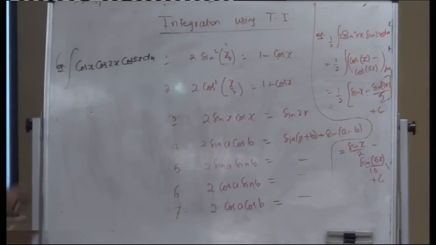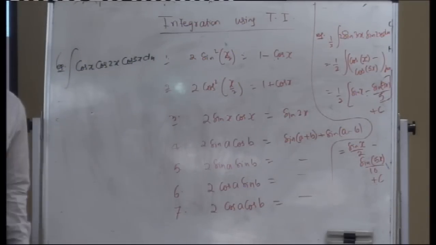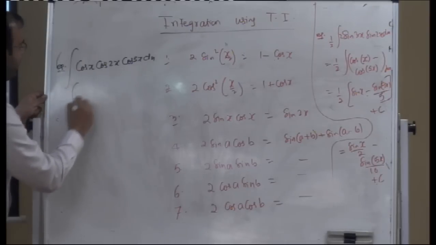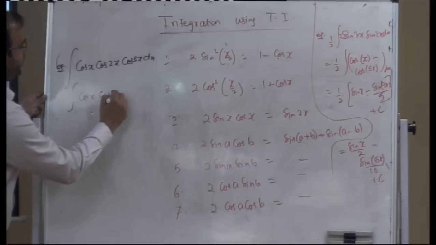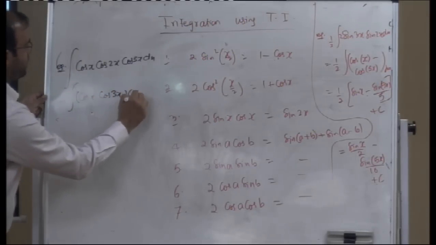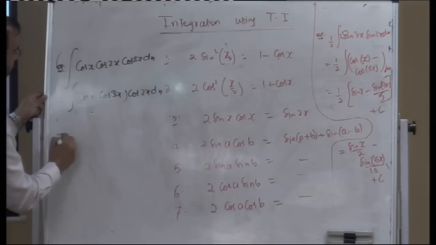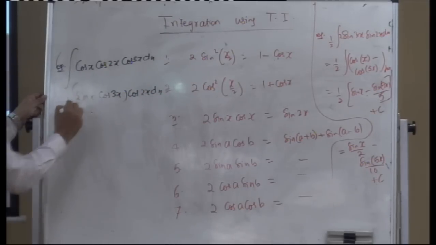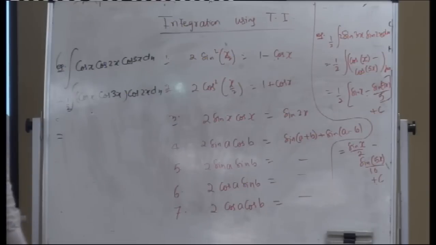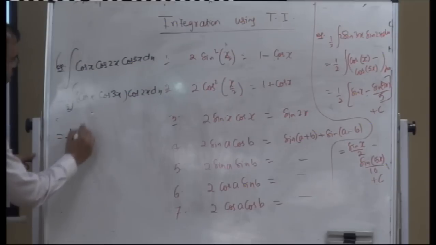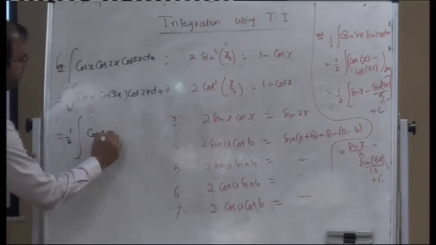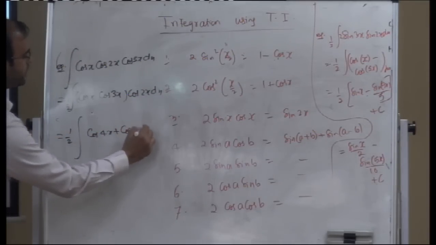Again, you can take any 2 functions, preferably we take cos x and cos 3x, and we write it as cos x, cos 3x and cos 2x dx, and multiply with 2, divide with 2. So 2 cos a cos b, again the formula will become cos of a plus b plus cos of a minus b.